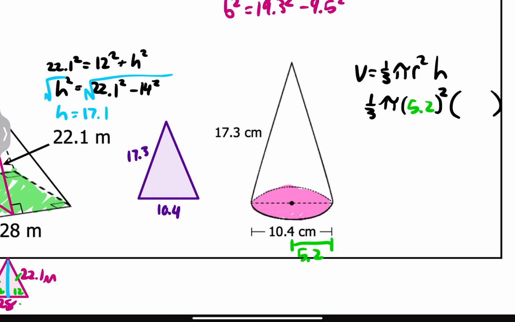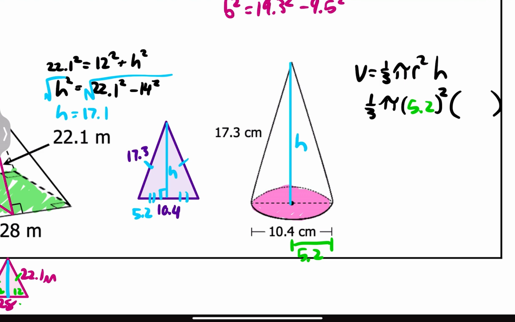Because our height is going to go from here down to the center. So again, isosceles triangle, because this is not a slanty cone. This is an altitude, so that means this is also split up, so we got 5.2.